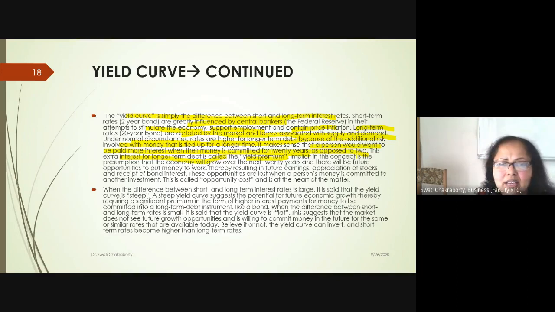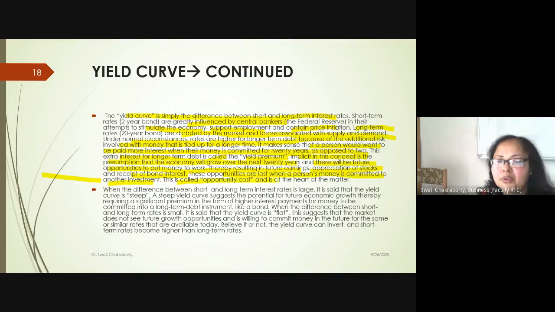Implicit in this concept is the presumption that the economy will grow over the next 20 years, and there will also be future opportunities to put money to work, which would result in future earnings, appreciation of stocks, and receipt of bond interest. These opportunities are lost when a person's money is committed to another investment, right?